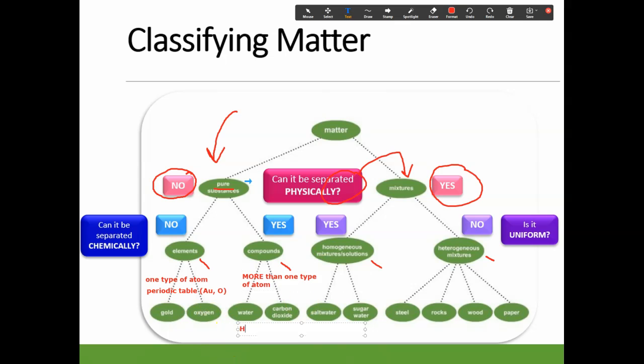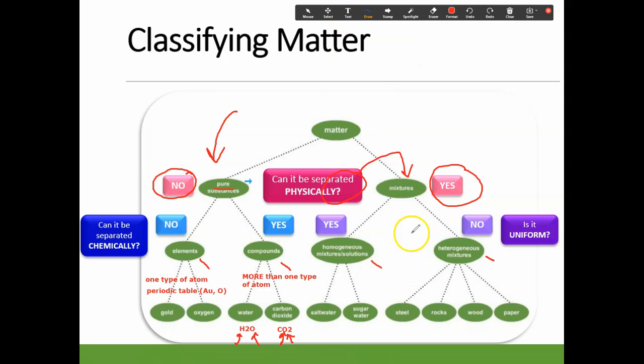We have water, which is H2O, made up of 2 hydrogens, 1 oxygen, and carbon dioxide, CO2, made up of 1 carbon, 2 oxygens. So obviously, again, we can see those letters are involved, but this time there's more than one type. All right, there's both a hydrogen and an oxygen, or both a carbon and oxygens here. Okay, so those are going to be our definitions for elements and compounds.